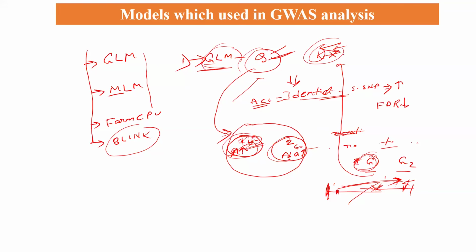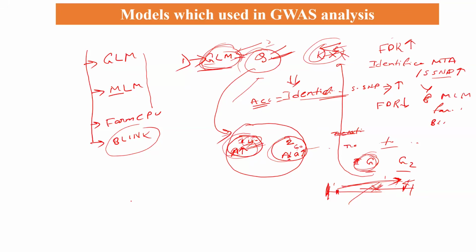So if the K matrix is not included, the false discovery rate will be high, and the identification of MTAs, marker-trait associations, the significant SNPs identified, will be more as compared to MLM, FarmCPU and BLINK models. So in the GLM model, a high number of significant SNPs are identified.